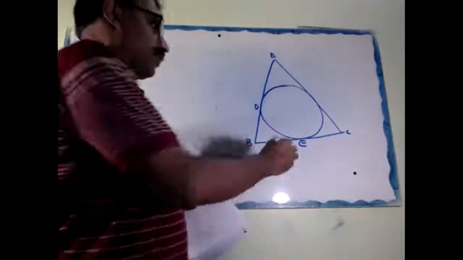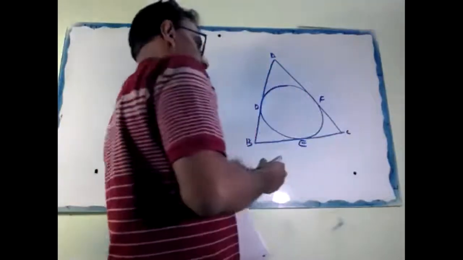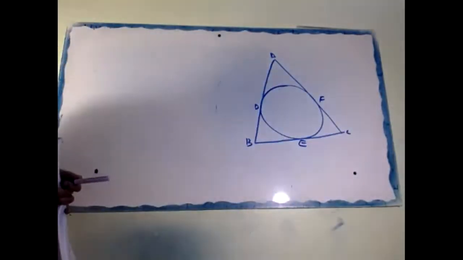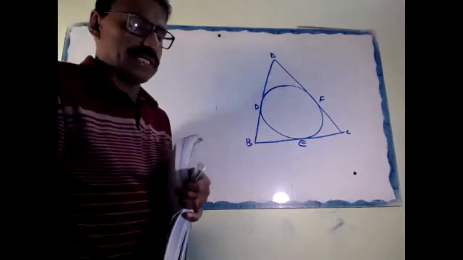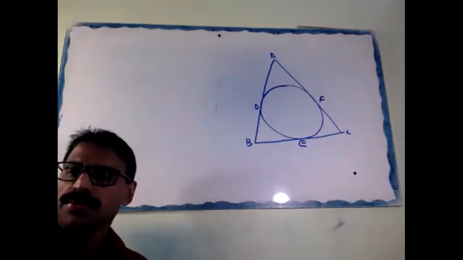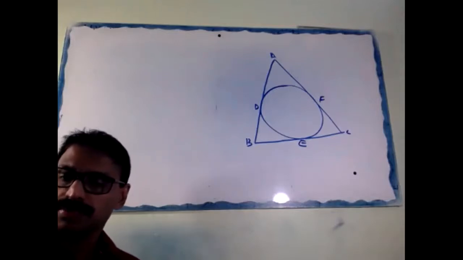Question: in figure, AB equal to AC. Show that BE equal to EC.